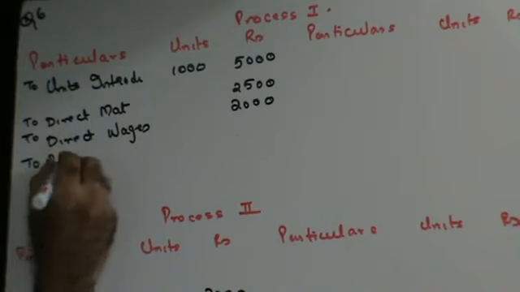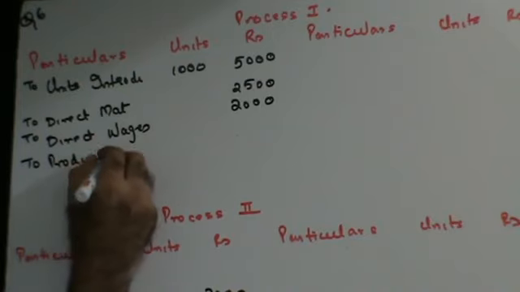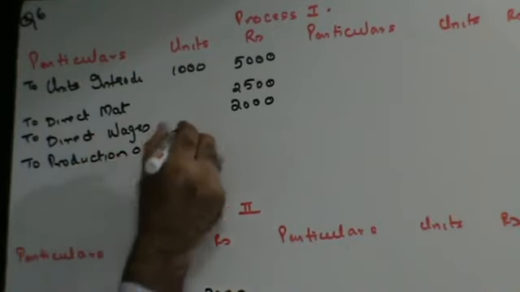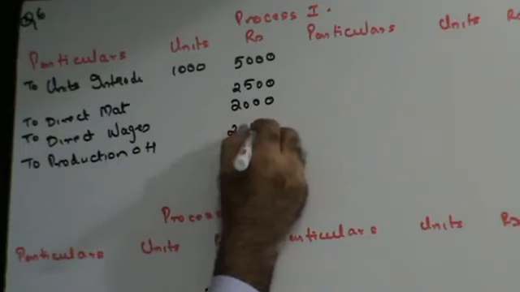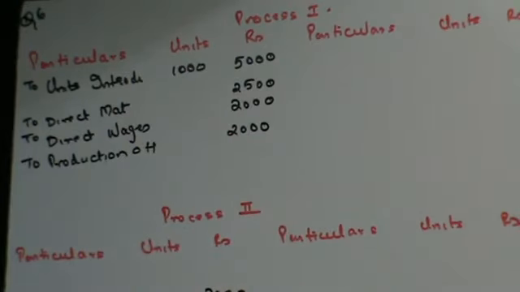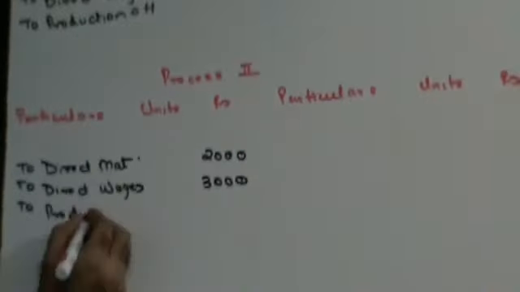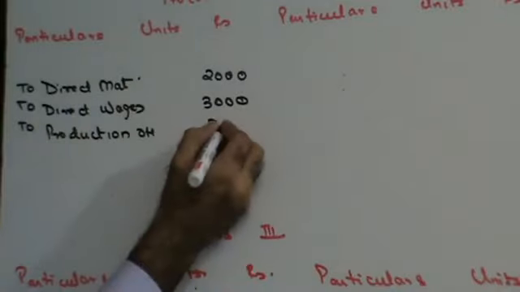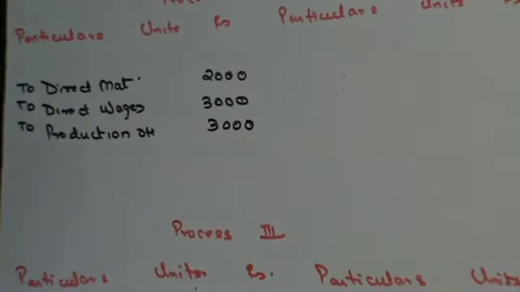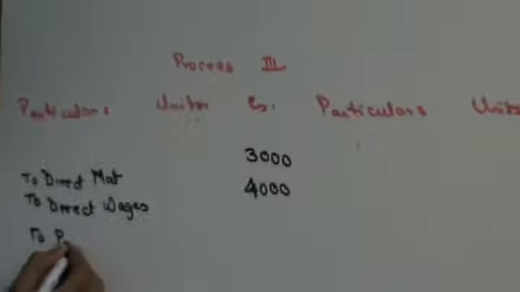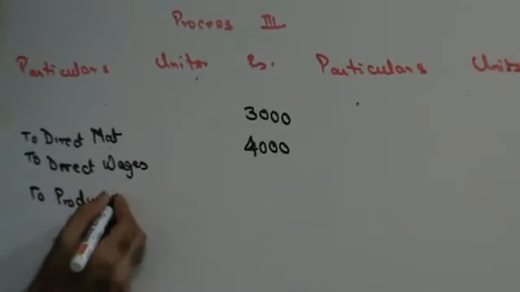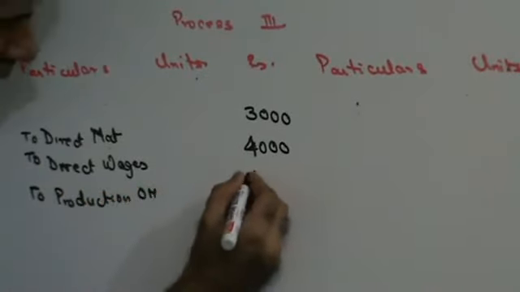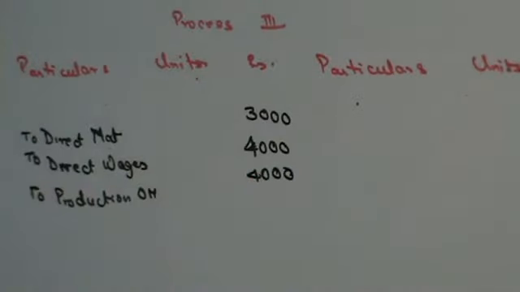So to production overheads is going to be the same as your direct wages. Since your direct wages was 2000, production overheads will also be 2000. To production overheads, here it is going to be same as your direct wages figure, 3000. To production overheads, same as your direct wages figure, 4000.